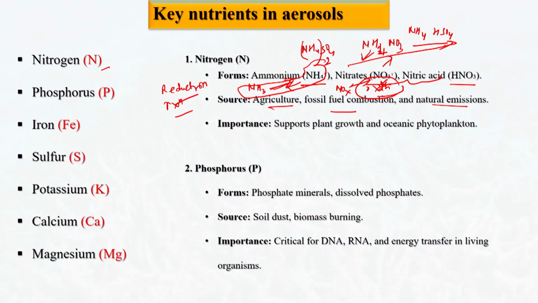Among the few reduction reactions, converting ammonia gas into ammonium particulate form is actually a kind of reduction. Okay. So, in agriculture, they are not directly emitted in the form of particulate matter, they are emitted as a gas, and then the process is called gas to particle conversion.